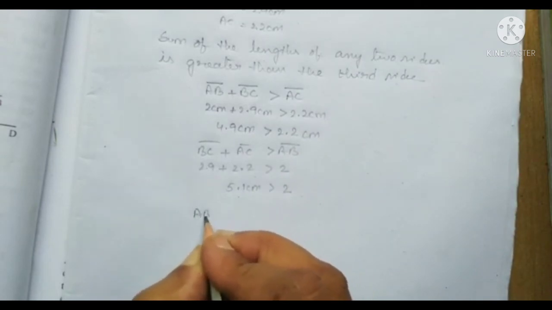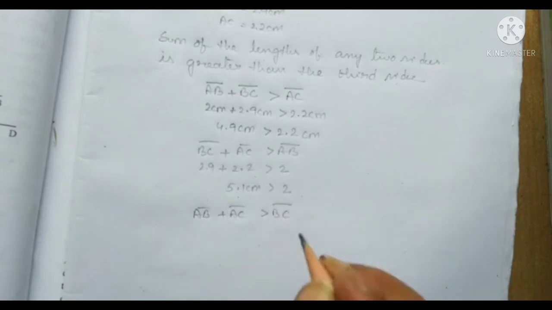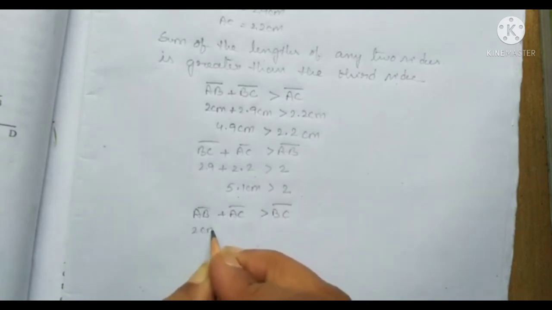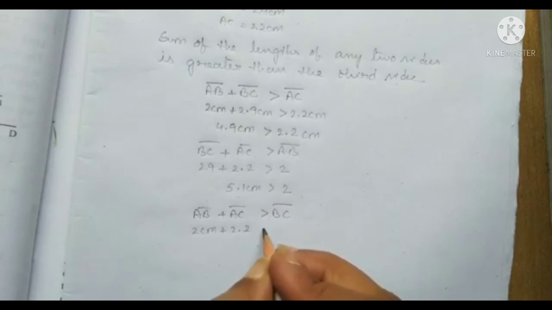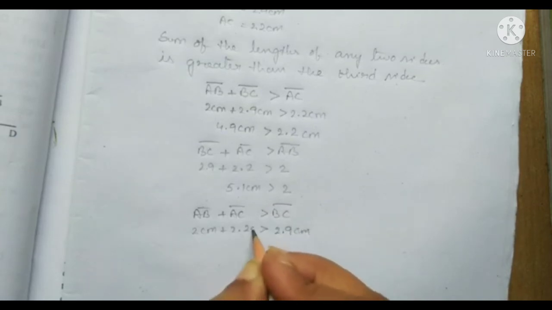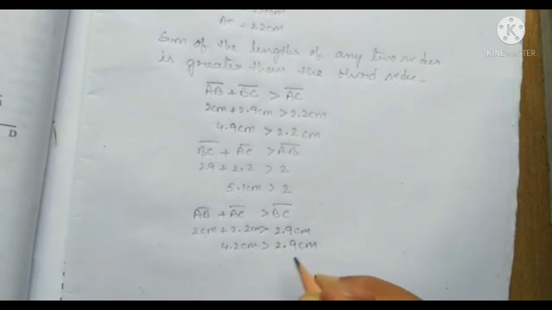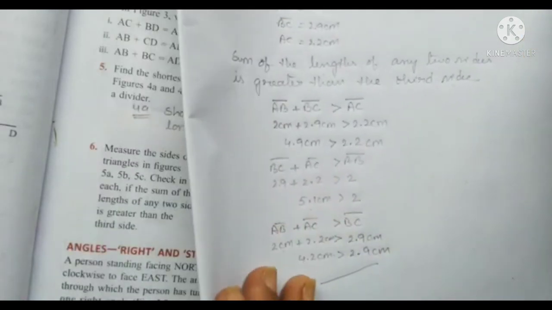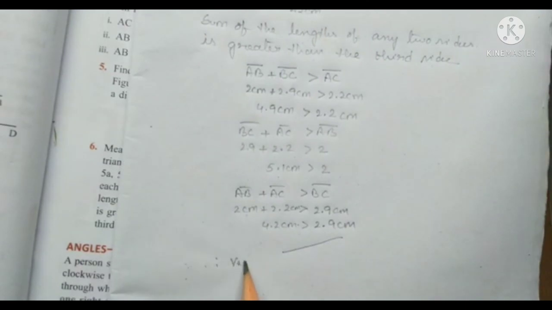AB plus AC is greater than BC. AB equals 2 centimeters, AC equals 2.2. So 2 plus 2.2 is 4.2 centimeters, which is greater than 2.9 centimeters. Therefore verified.